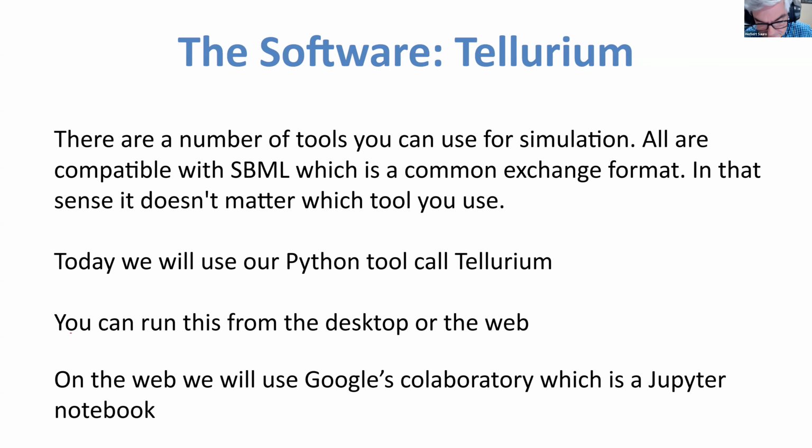And if you're not careful, you can no longer use the material you created with those tools. That's happened a lot. I mean, hundreds of tools have been written and most of them have disappeared. So if you relied on them, you're in trouble. But today it doesn't matter because you can just hop to the next tool that uses SBML and you can carry on going. So it doesn't matter which tool you use.